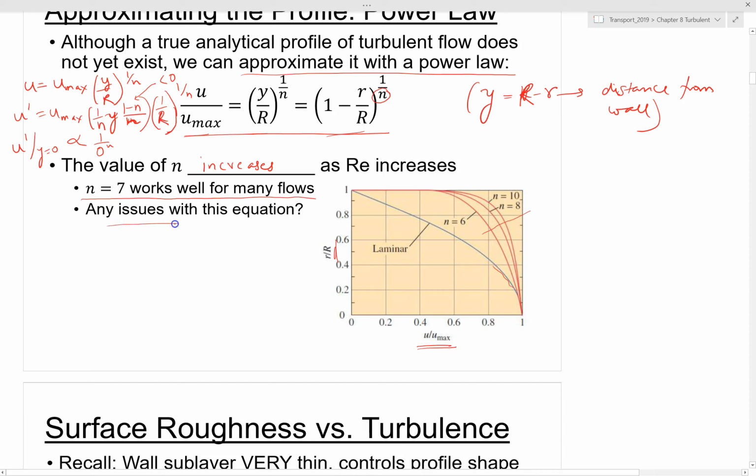What are some of the limitations of this equation? It does not have zero slope. You can see here how the slope is slowly progressing. It does not have a zero slope at the center of the pipe.